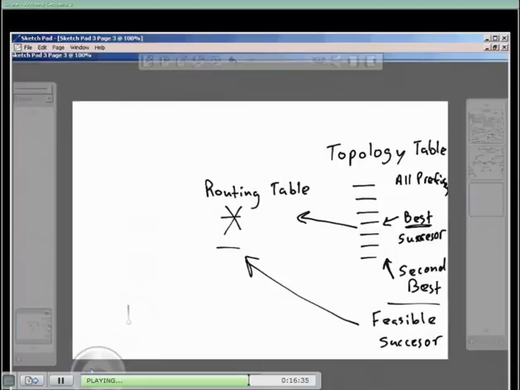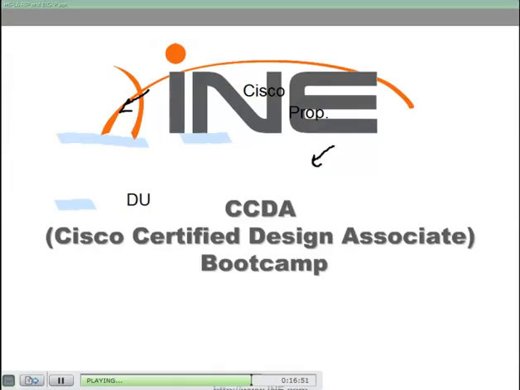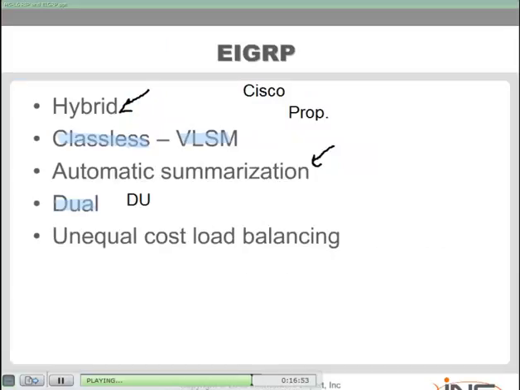So DUAL, the diffusing update algorithm, really shows off with that capability of utilizing those feasible successors. Something else EIGRP can do, it's the only IGP that we have that can unequal cost load balance across different paths.